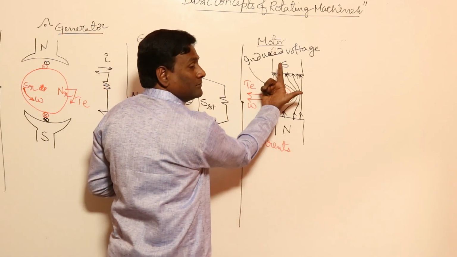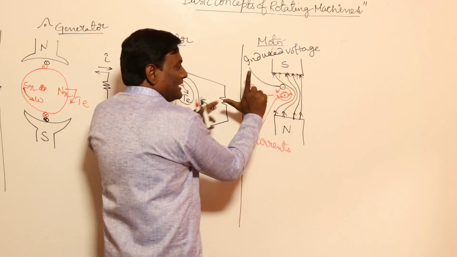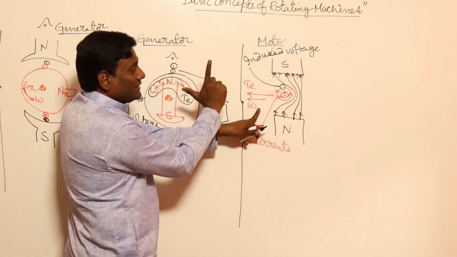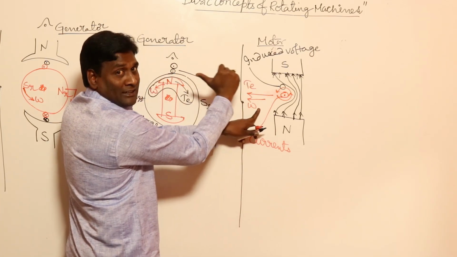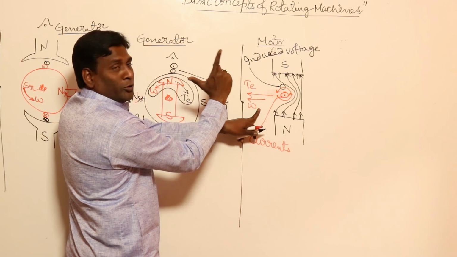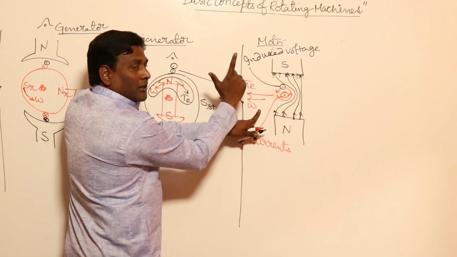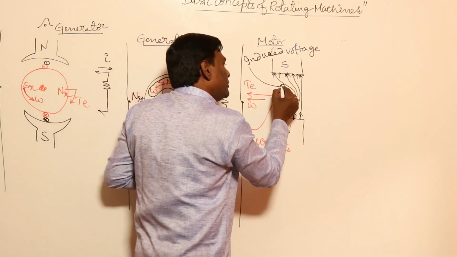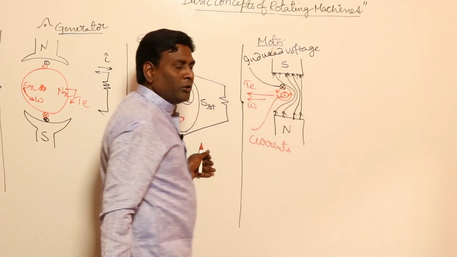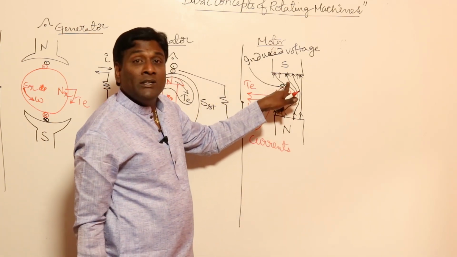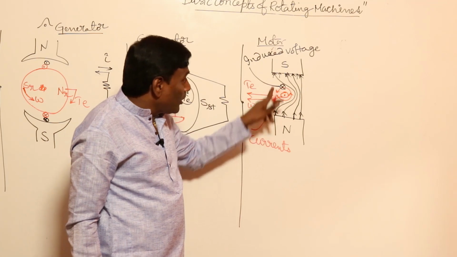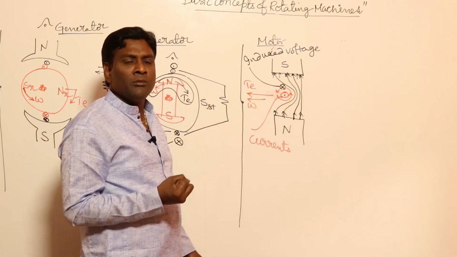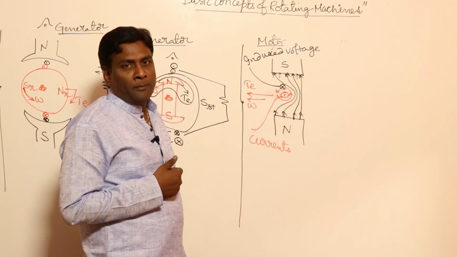Flux is in this direction. Conductor movement is in this direction, because you are allowing the conductor to move in this direction. Motion of the conductor, thumb, is in this direction. So induced voltage is going to be cross. Now, current direction and induced voltage are in opposite directions or not? Yes. If they are opposite, then only electrical power will be absorbed. That absorbed power will be converted into mechanical power.